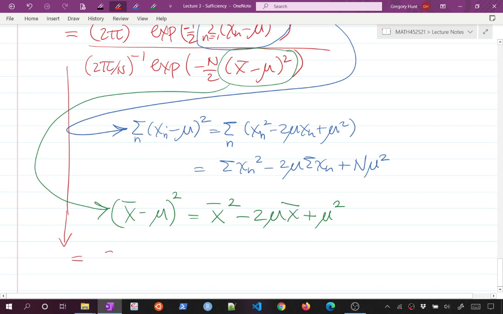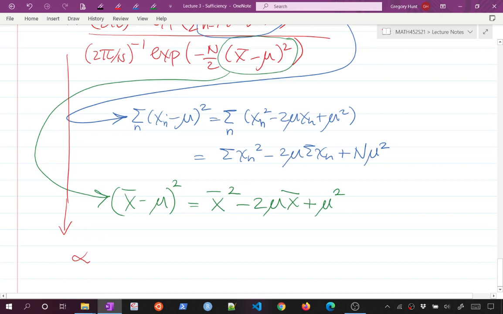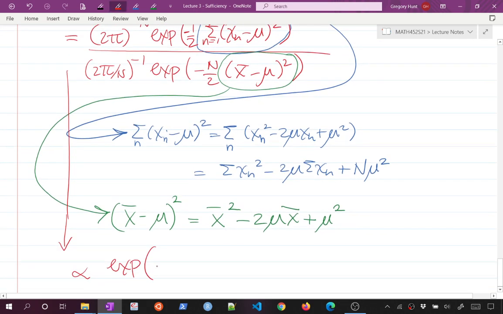Let's rewrite things. For the 100th time, let's rewrite things. Negative n. You know what? Those constants don't depend on theta. They're not changing anything. Proportional, just ignore them, right? Basically what we have here is exp of negative 1/2, and then we have the sum of the xn squared minus 2 mu.